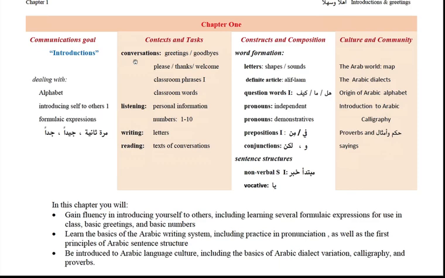There are also listening sections here, listening tasks, if you will, in which you will listen to something and be asked to answer questions on it. In this section, the writing skill is basically to get you to know the letters. In following chapters, the writing skill will be developed through asking you to write certain types of compositions about the topic of the chapter and things like that.